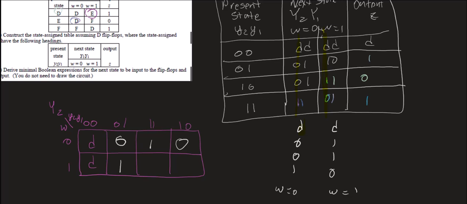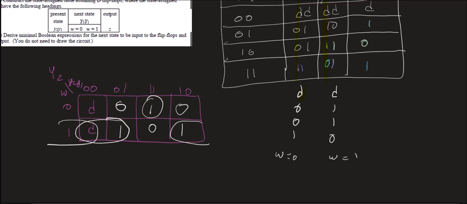And I have a 1 for 1, 0. And I have a 0 for 1, 1. So I can get this one and that one and this one.